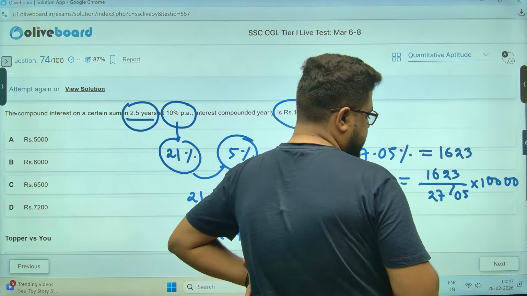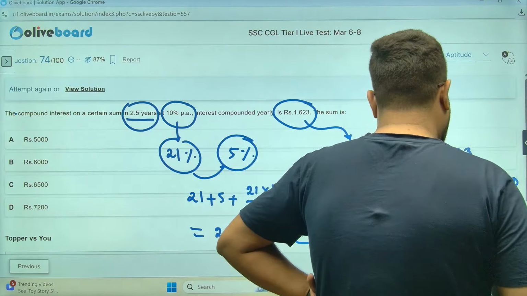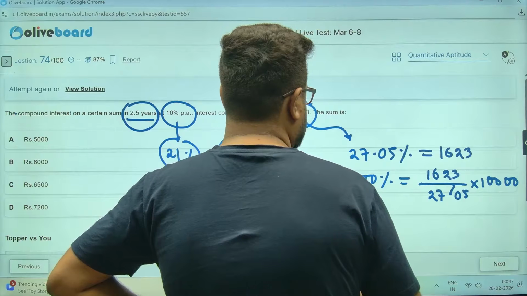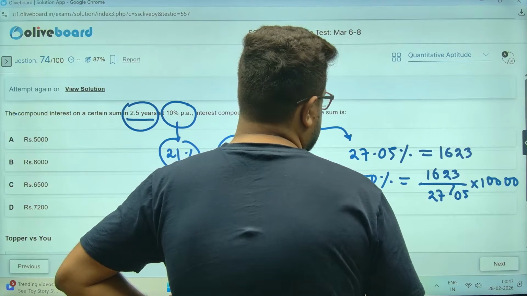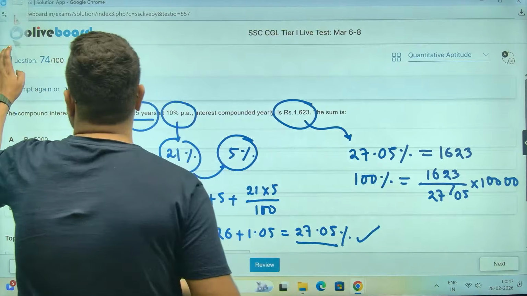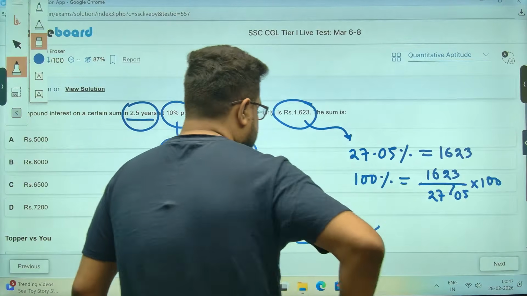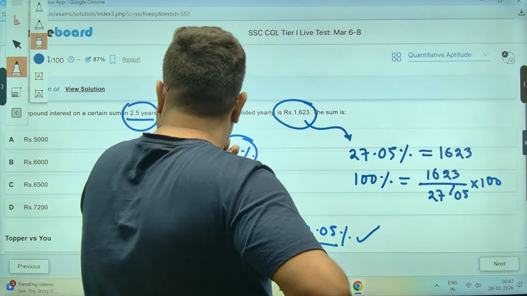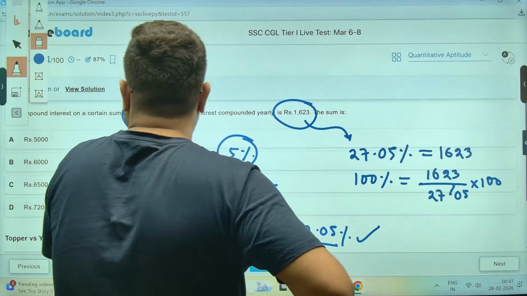Just a second. I should not have done this. This is directly 7 times. But 0.05 is giving a little issue. Sorry, it's directly 6 times.